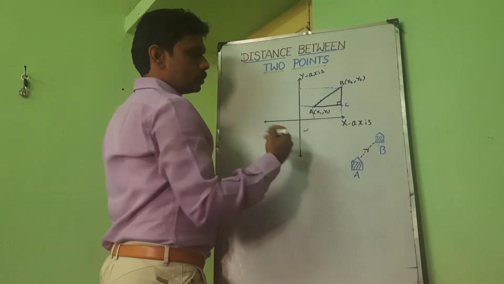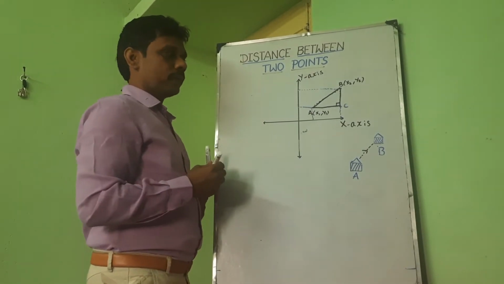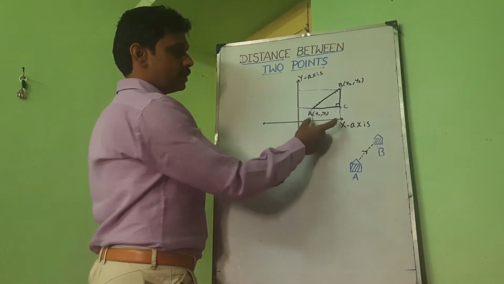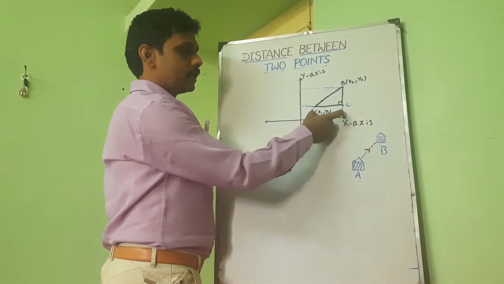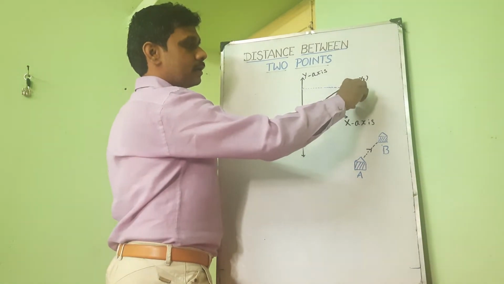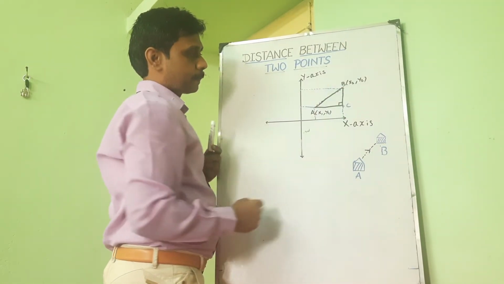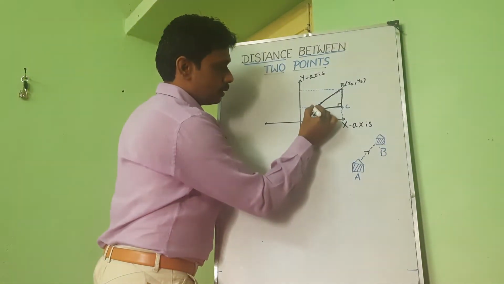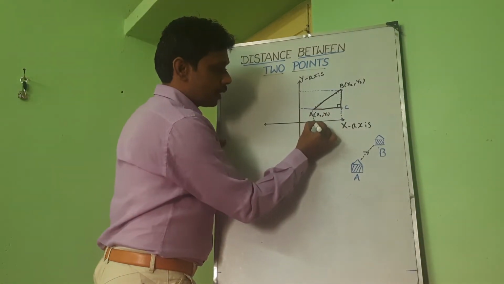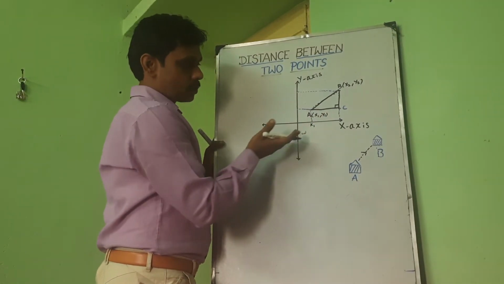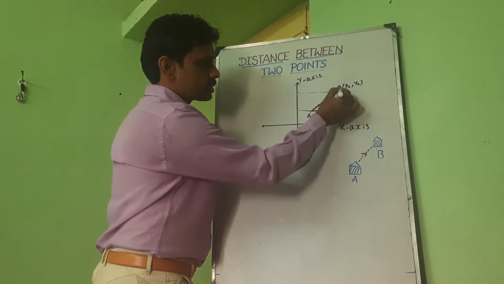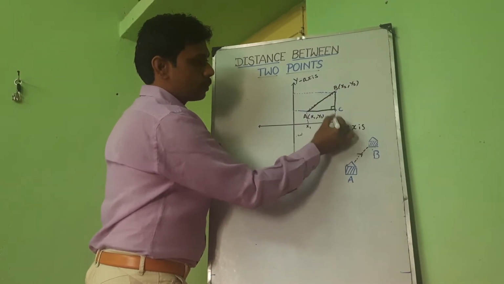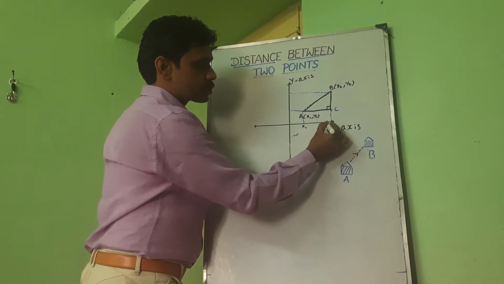To further solve, we need to calculate the distance between A and C. Similarly, we need to calculate the distance between B and C. For that purpose, the perpendicular drawn from A on the x-axis gives the value x1, and similarly the perpendicular from B will be x2 here.